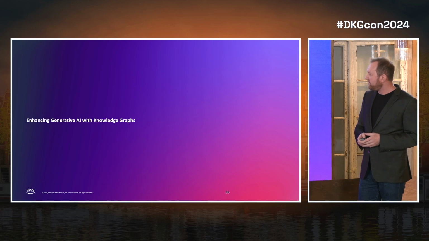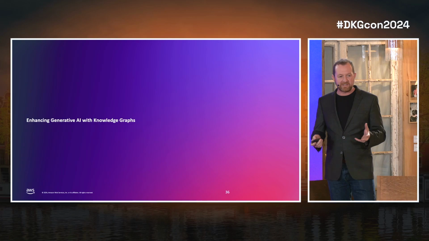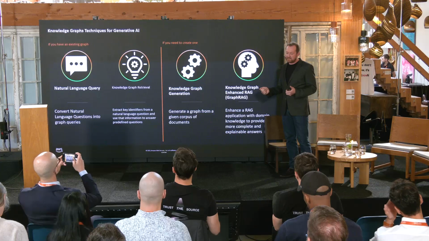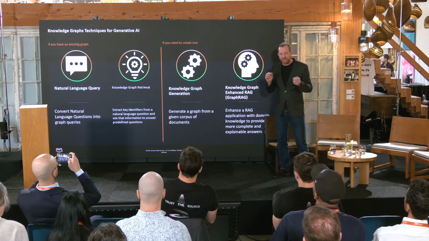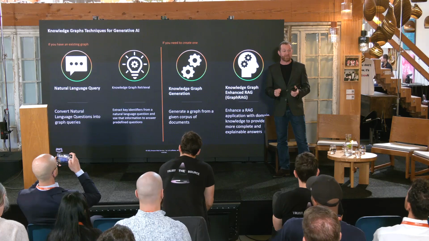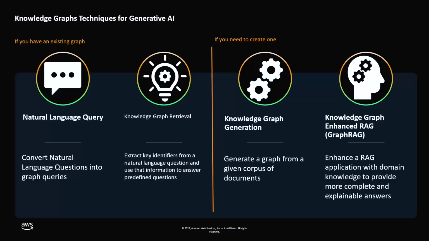So what kinds of things are people doing that's particularly interesting in this space with knowledge graphs now? Many of the reasons we're here today are because of the generative AI and RAG-based applications that people are empowering in a better way with graphs. And really they fall into two camps when working with knowledge graphs.